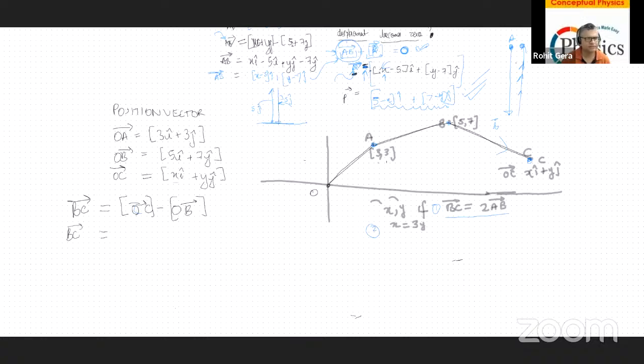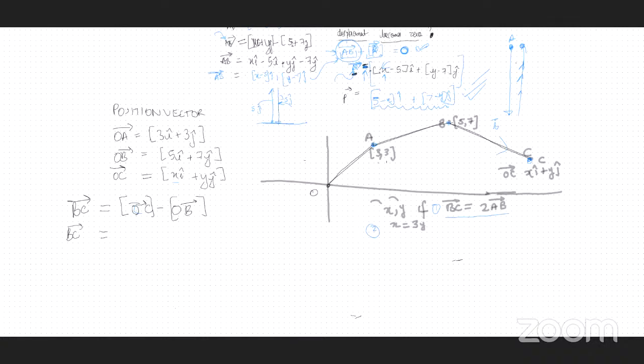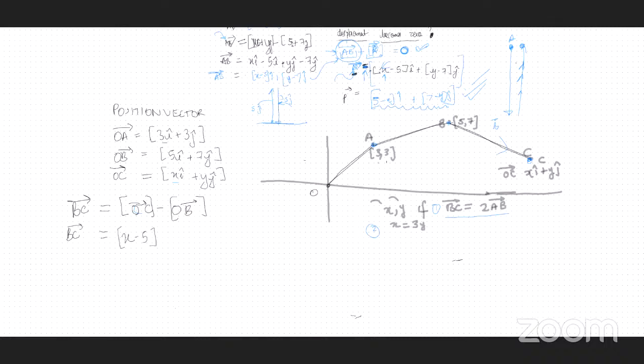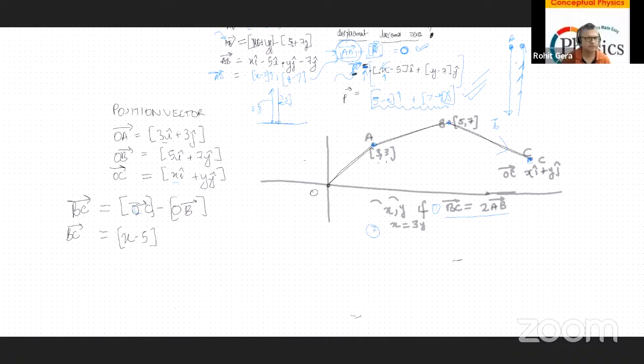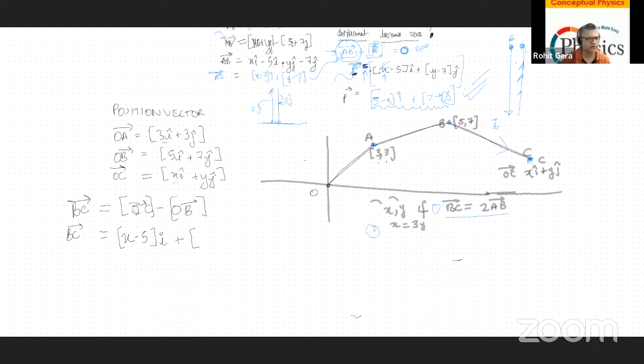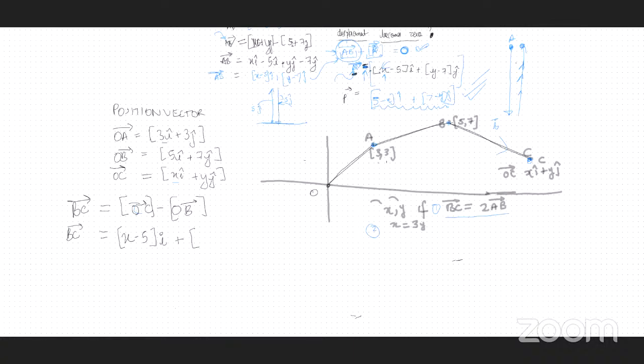Minus 5i plus y minus 7j. Agreed. So let's say these are in meters. This is also meters, all are meters. Okay, no problem. Go ahead.